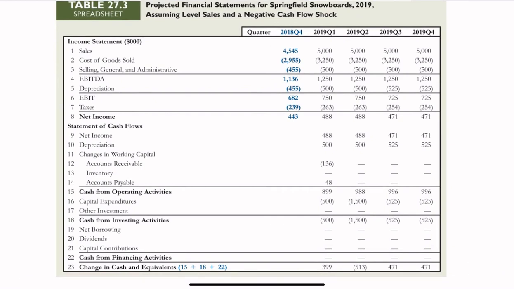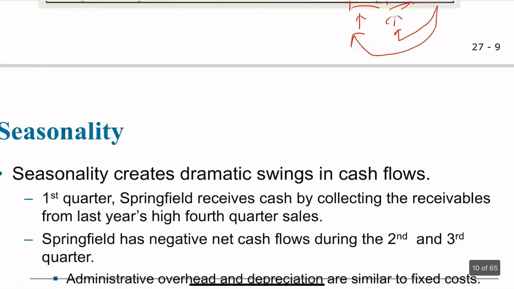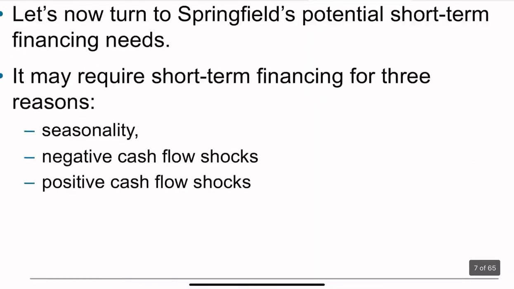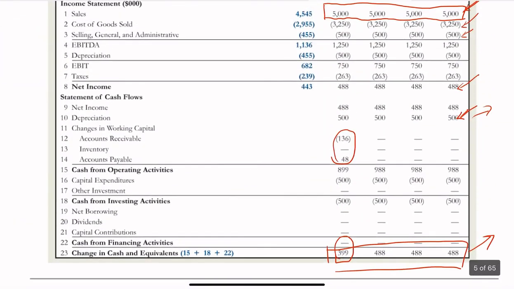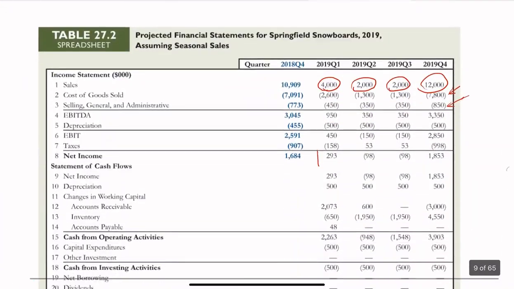So now let's see how the firm's cash flow will look. Here we have the net income, and you can see that net income is roughly the same as the first table, right? But there are some minor differences.